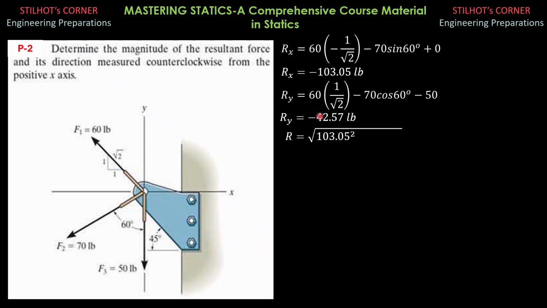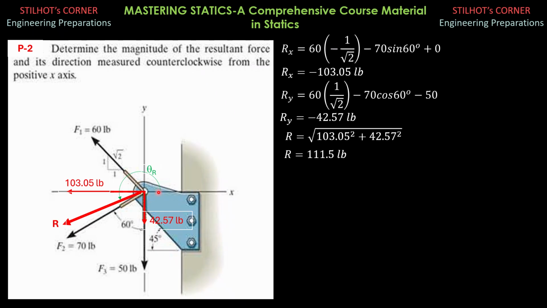So R is the square root of 103.05 squared plus 42.57 squared for the magnitude. So R is 111.5 pounds. For the angle measured counterclockwise from the positive x-axis, remember that R lies in the third quadrant as shown, and these are the components. We'll treat the components as positive because we want this angle to be solved.